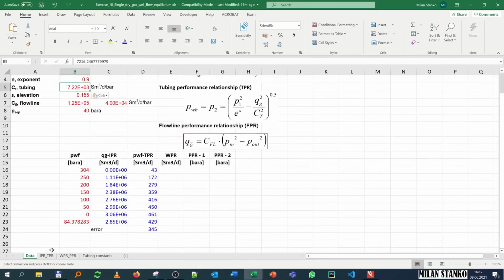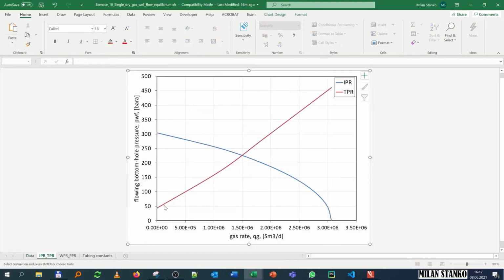Okay, and now you see that the intersection is at a rate much lower. Before you had 2.87, and now you have an intersection which is close to 1.5.